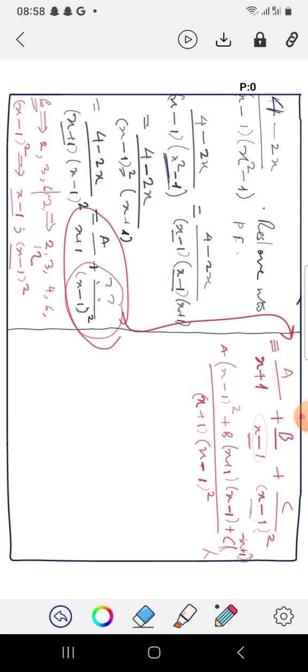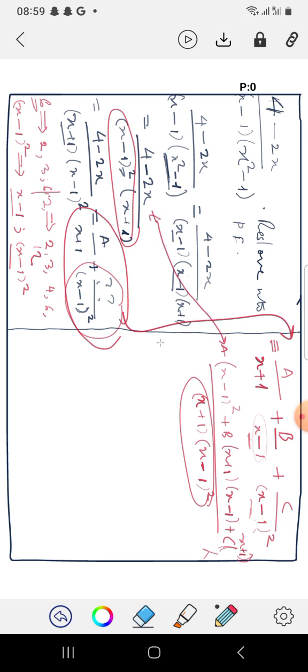All right. In that case, we can see that our denominator here is the same as our denominator here, so our numerators are equivalent.